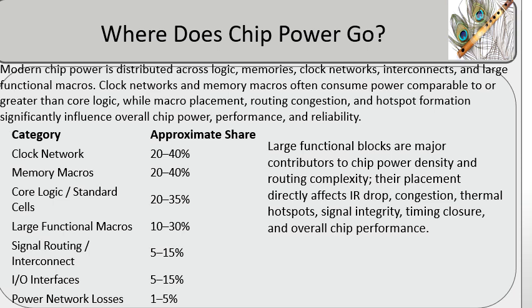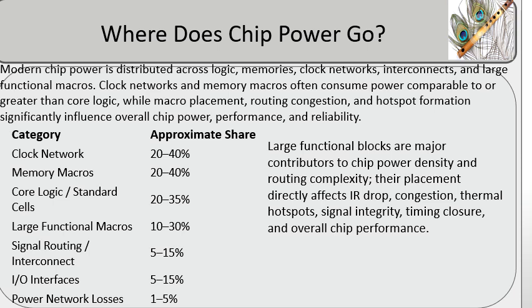The total power of a modern VLSI chip is distributed across several functional and physical elements rather than being concentrated in the logic gates alone. Clock distribution networks, memory macros, core logic, large functional blocks, interconnects, and I/O interfaces each contribute a significant share of the overall power budget.